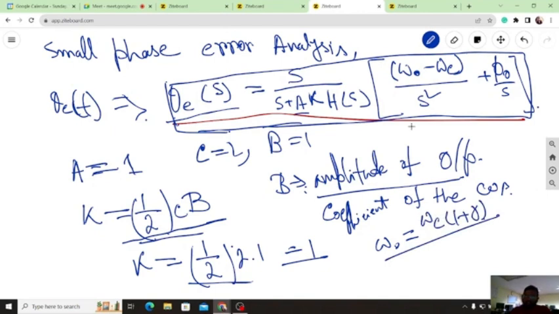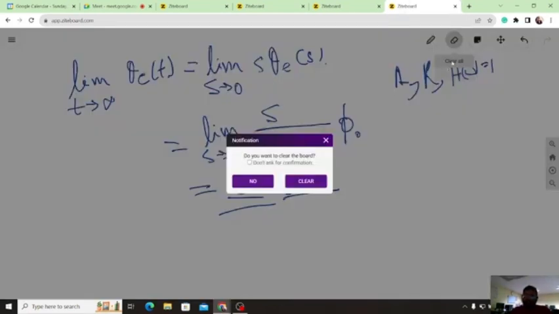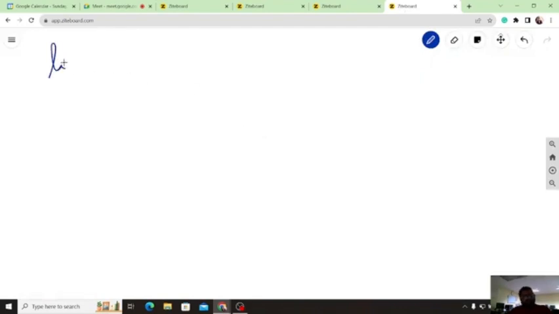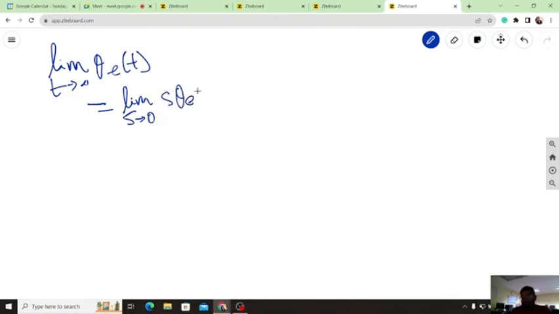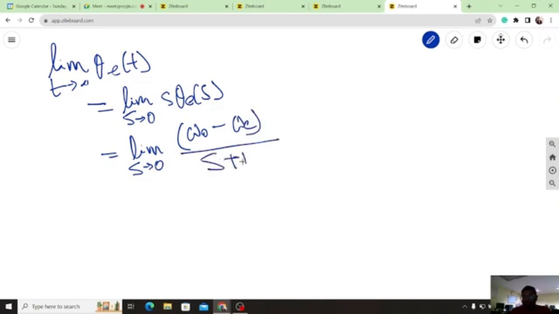So if we put this in this equation, it will be like limit of t tends to infinity theta e of t is equal to limit of s tends to 0 of s theta e of s, zero minus omega c by s plus 1, and this is actually delta omega c.